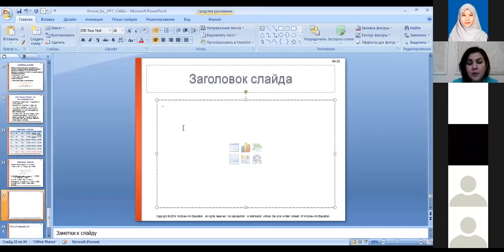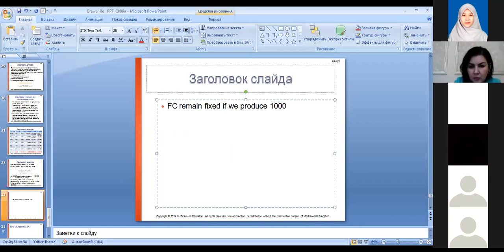So for example, fixed cost remains fixed if we produce, let's say, from 1,000 up to 5,000 units.